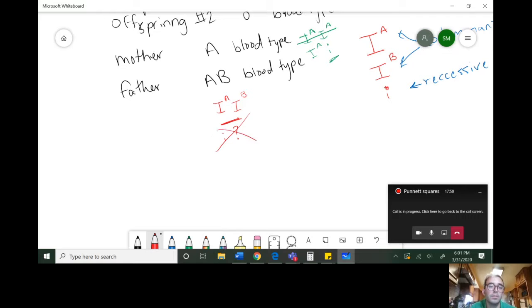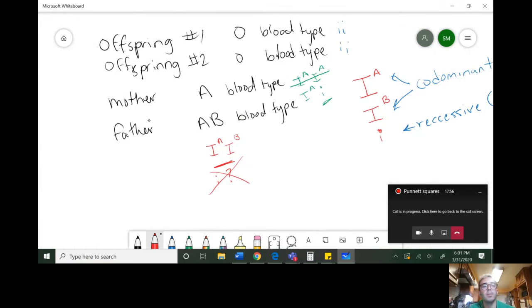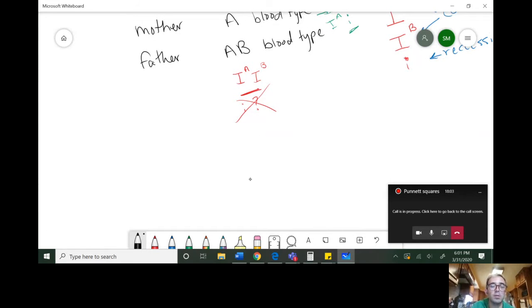The answer is no. Therefore, these children cannot be the children of this father. And to prove that, we can use our Punnett square.